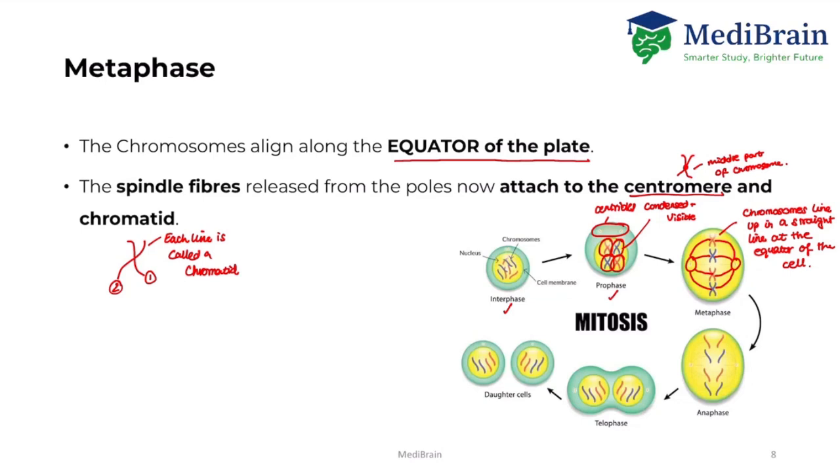The spindle fibers are going to attach to the center of the chromosome where the two chromatids meet in the middle, and that's called the centromere. So the spindle fibers attach to the centromere of the chromosome, and it's going to pull each of the chromatids to opposite ends of the cell. So that's what happens in metaphase.